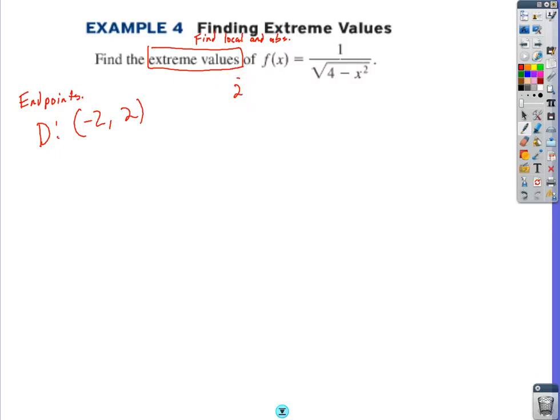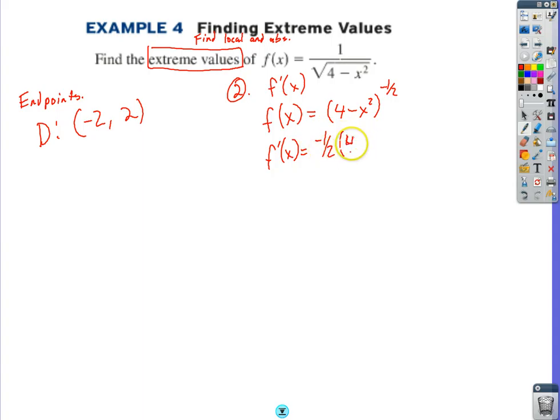Next one, step 2, which is finding f prime of x. To make that a little bit easier, I want to rewrite f of x as 4 minus x squared to the -1/2. And I find f prime using my chain rule. It's a -1/2, 4 minus x squared, keep the inside the same, to the -3/2, times the derivative of my inside.